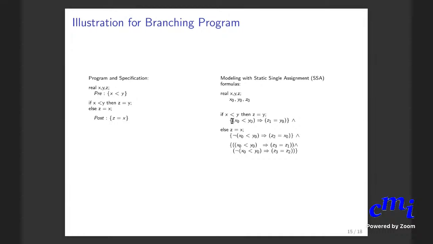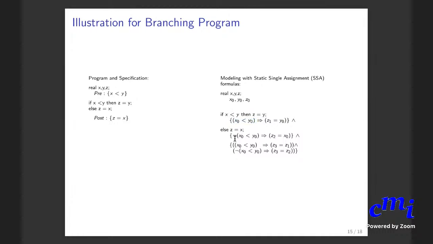So this SSA was a partial specification. It only captured the behavior corresponding to the then part, and the precondition here, because this path is going to be traversed, that this assignment Z is equal to Y is going to happen only if the condition of the if is true.